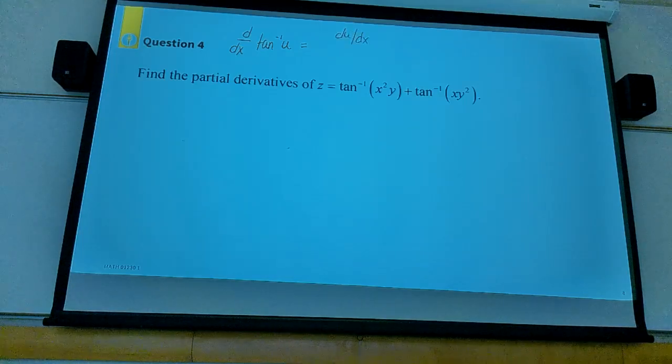Which I'll just write in the numerator. z. Is that a sum of functions involving x? It is, right? So we're just going to have to do each one individually.